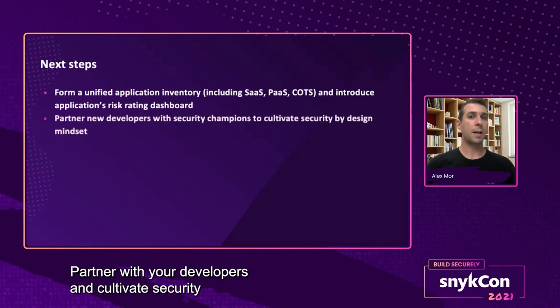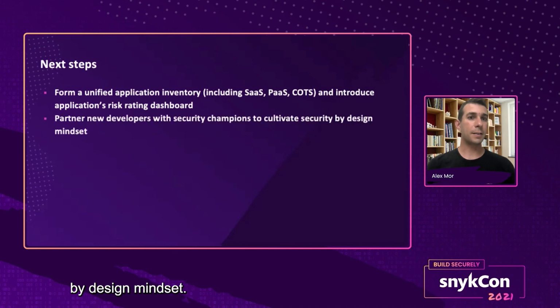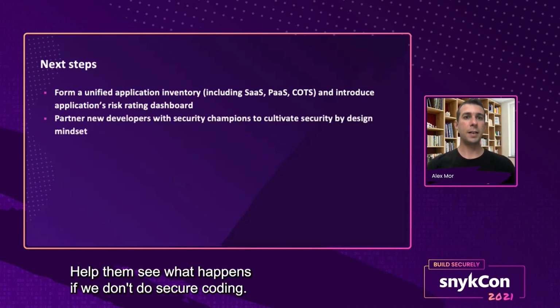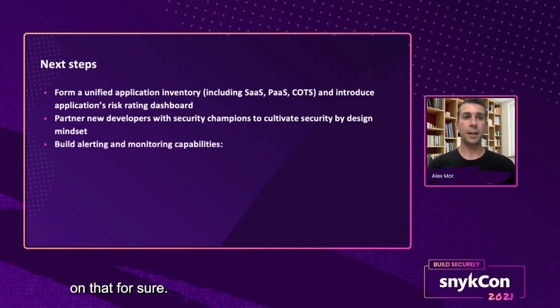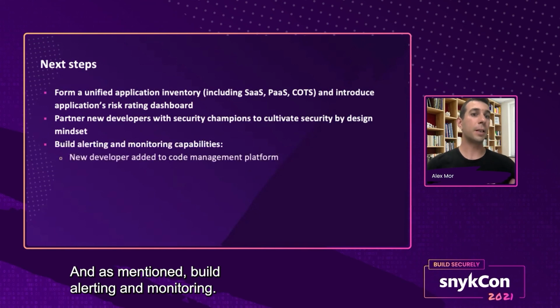Partner with your developers and cultivate a security by design mindset. Help them see what happens if we don't do secure coding, what happens if we don't do secure defaults. And as mentioned, build alerting and monitoring.